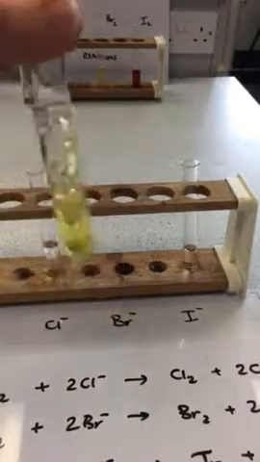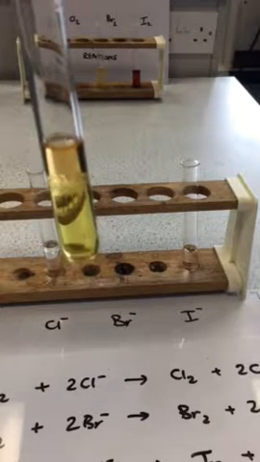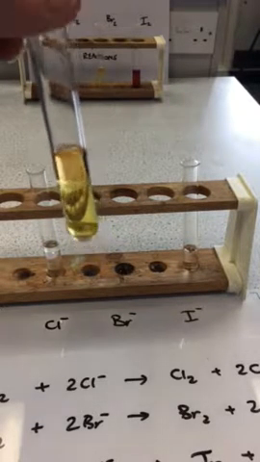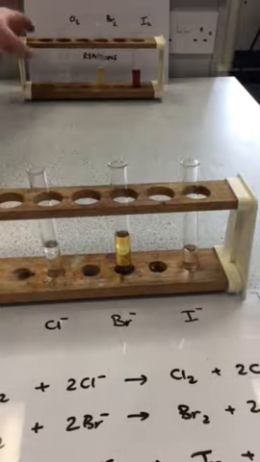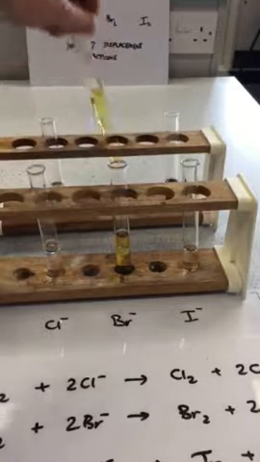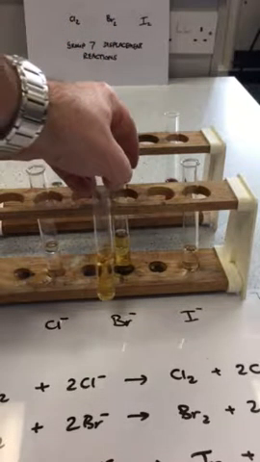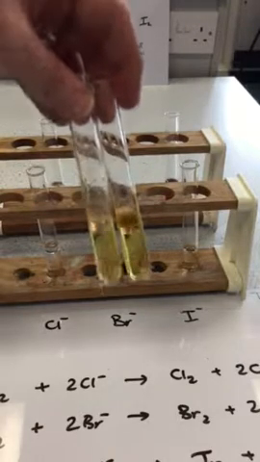Give it a shake with our cyclohexane and it gives us our orange colour in our organic layer. We can double check this against our authentic sample of bromine, and these two test tubes look very, very similar in colour.